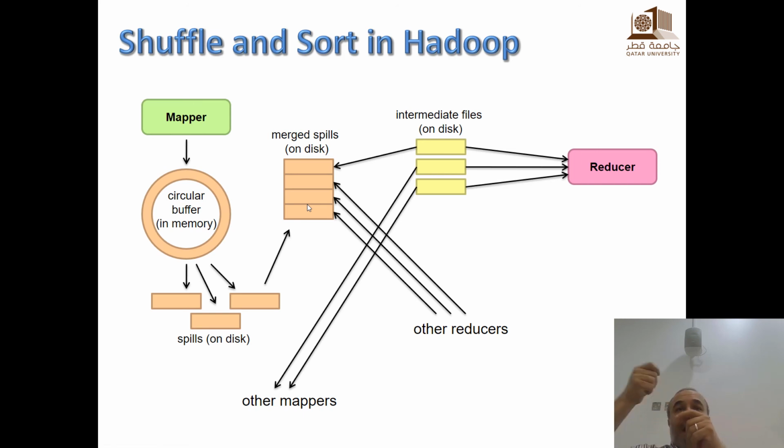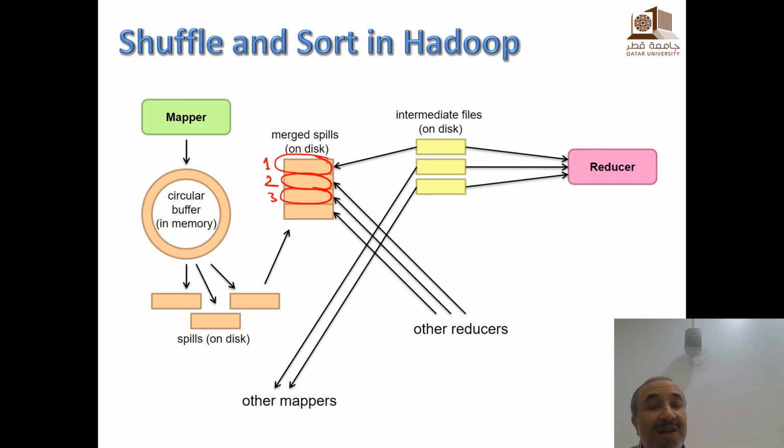The partition function will tell me which reducer this record should go to. So I can have local partitions. Each mapper will have this part of the intermediate output to go to reducer number 1, and this part will go to reducer number 2, and this part will go to reducer number 3. Okay?